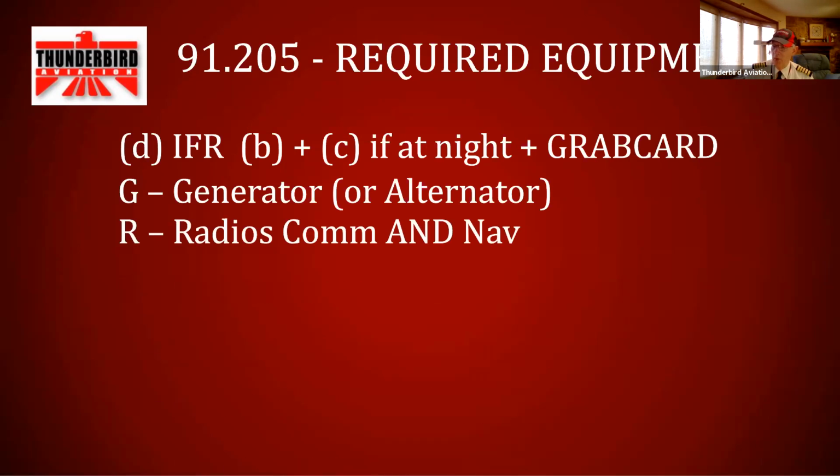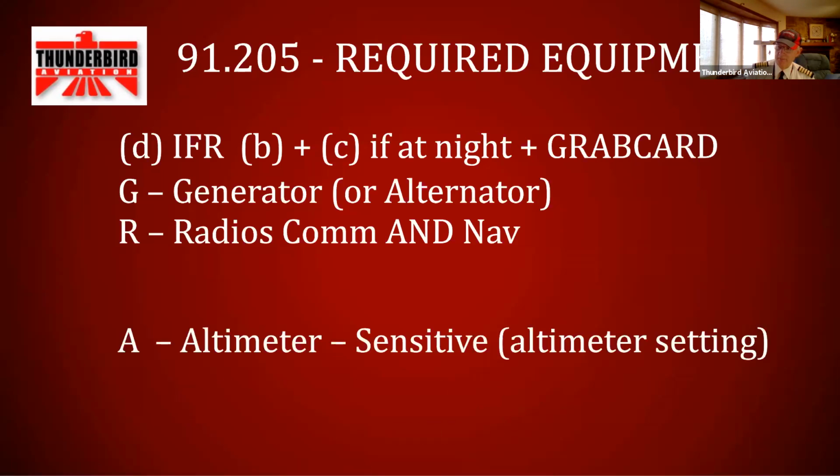You've got to have radios, but not just comm radios. For the IFR requirement, you have to have navigation radios suitable for the route to be flown. So if you just write the word radios in your grab card, you've got to remind yourself somehow that both the COM and nav radios are required for IFR.